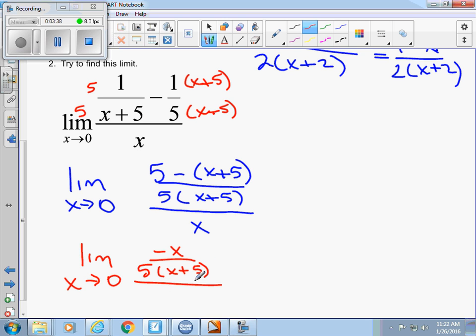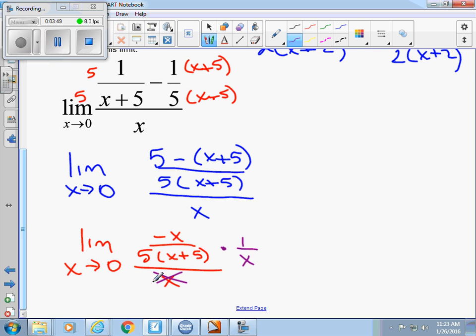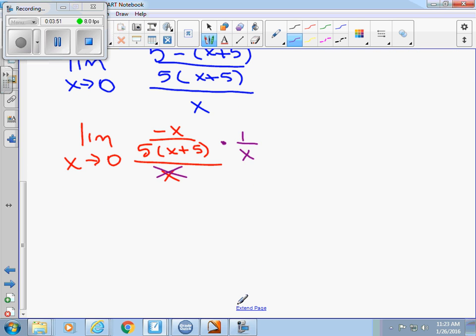How do you divide 2 fractions? By the reciprocal? Everyone agree with that? Remember, I know there is a hole. I know there's something that will cancel. I'm kind of just looking for what that thing is that's going to cancel. And what is that thing?